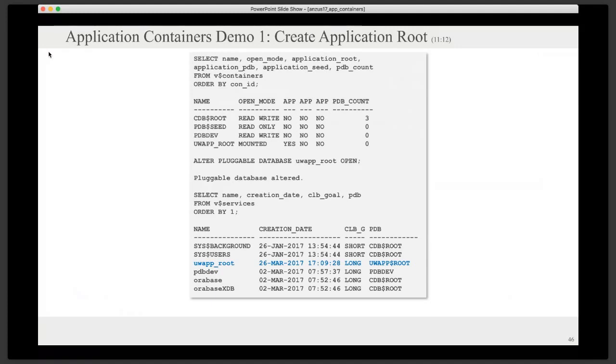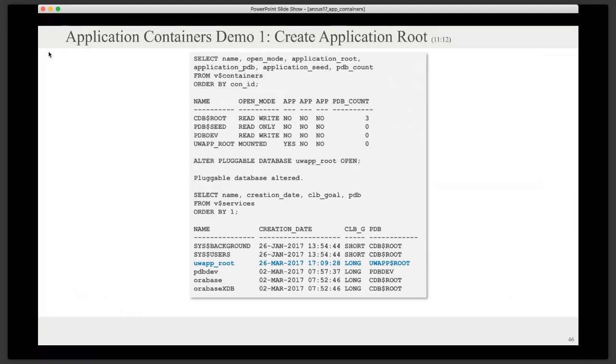So I can query $$ containers again, and whereas last time I only saw my first 3, I can now see that my UWApp root container exists. It's in mounted state. It has not been opened. And the very first one of those things where it says yes, no, no, if you look up at the SQL statement, it says application PDB, and it's saying, yes, you built an application PDB. And then I do an alter pluggable database, and I open it up, which makes it read write.